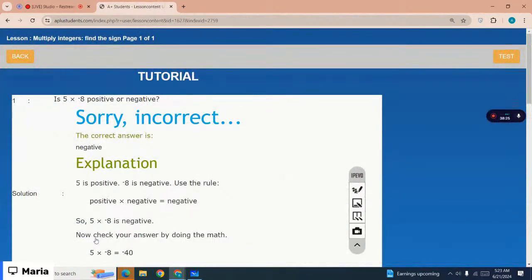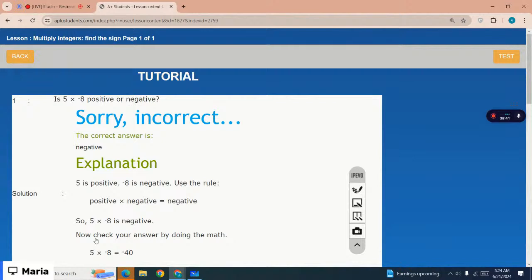The next lesson is multiply integers, find the sign. Now you are going to apply the rules for multiplying integers. Let me just recall the rules. Just listen to me carefully, right?